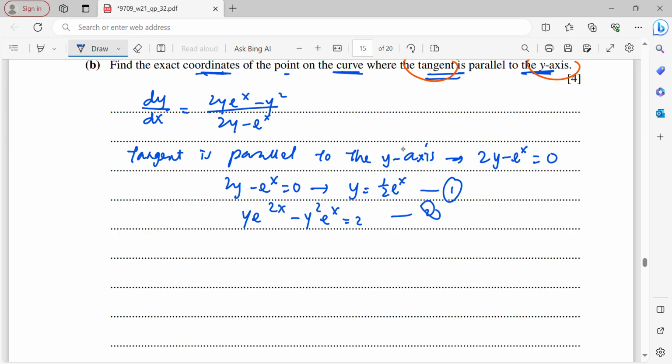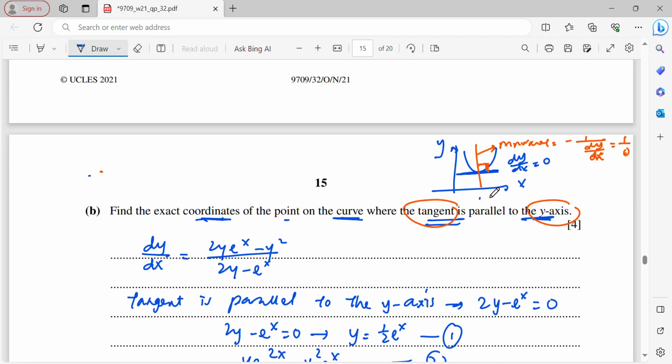This is my second equation. Now I need to solve these two simultaneous equations because they will be intersecting, which is here. The normal line is basically this, not the orange color.